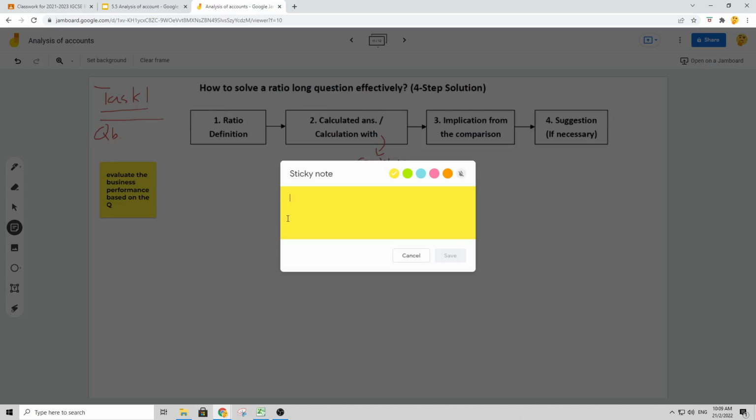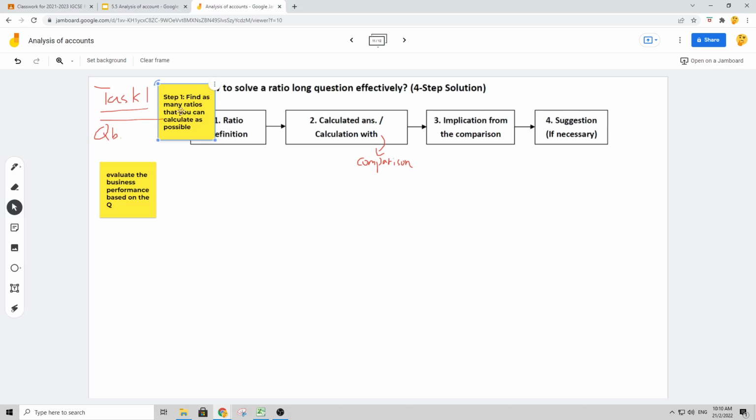Try to find. The first step that you need to do for a question like this is step one: find as many ratios as you can calculate, as possible, in order to evaluate the business performance.